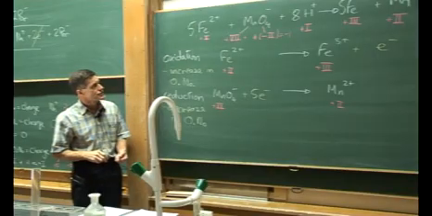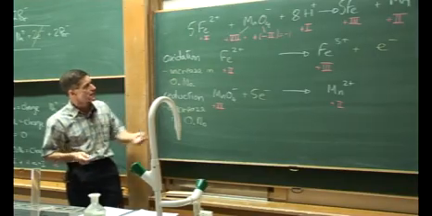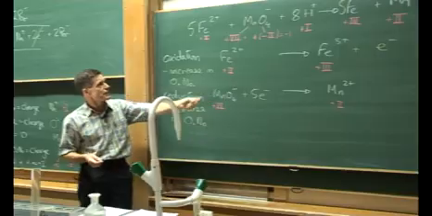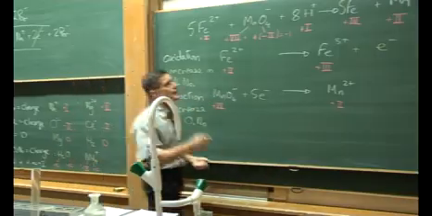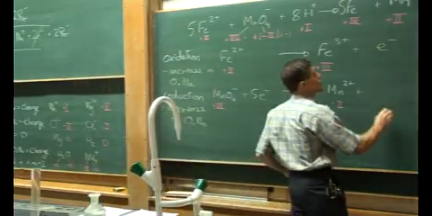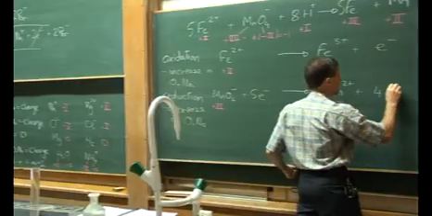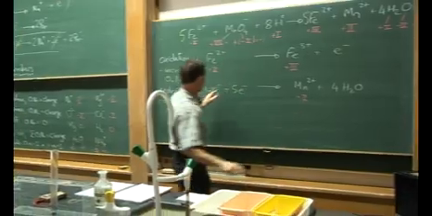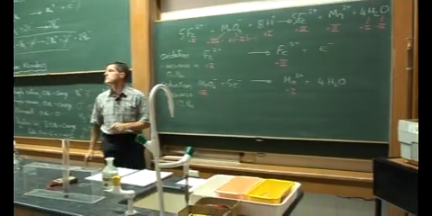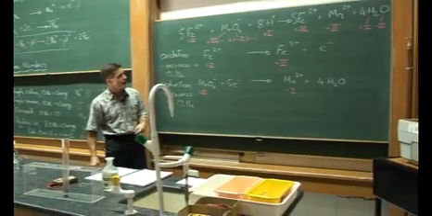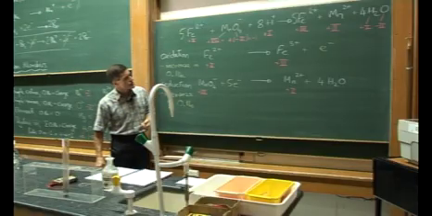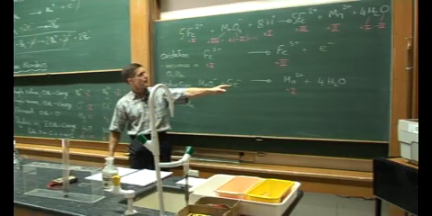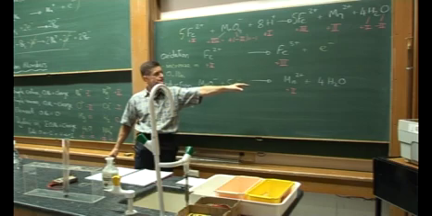I've now got to do something about balancing this up. Oxygen on the left but not on the right, and we see from the equation that water is involved, and I need 4 lots of H2O to use up the oxygens there. I've solved the oxygen problem, but I've introduced another problem, and that is hydrogen.